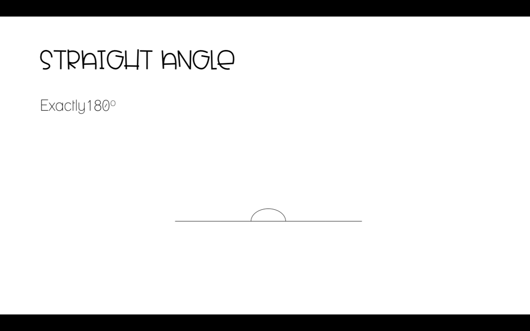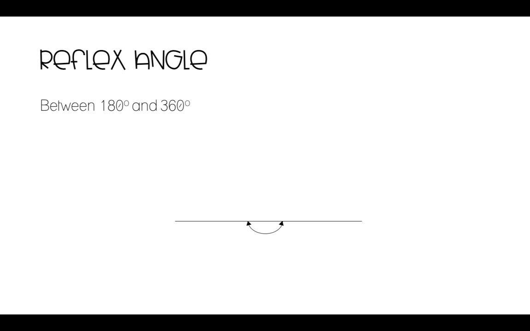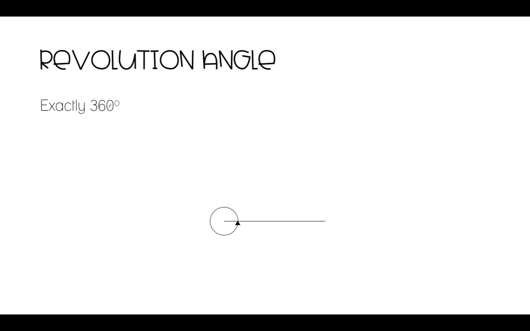Then we have a straight angle, which again is exactly 180 degrees. And then a reflex angle is bigger than 180 and less than 360. And then a full revolution, or a revolution angle, is exactly 360.